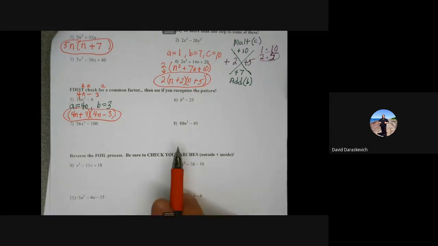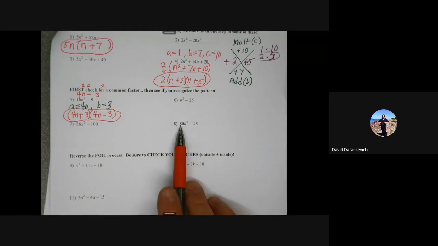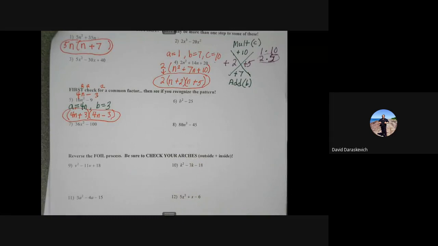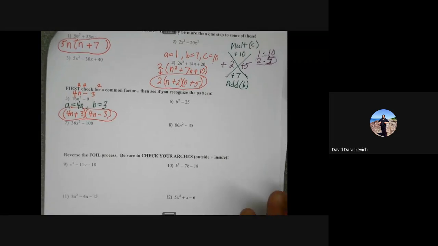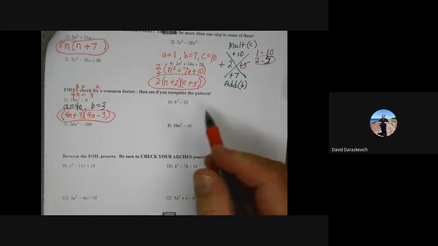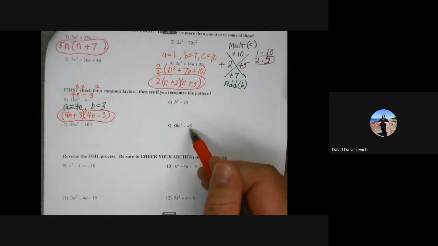Well, let's look at number 8 here. So I'm looking at the numbers 80 and 45, and neither one of these is a perfect square. So I'm saying, well, I can't use a shortcut formula. But I bypassed or skipped the first rule, right? Is there a common factor I can take out? If you look at this, it ends in a 0 and a 5, so I know I can take out at least 5.